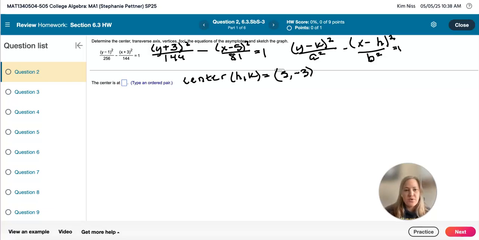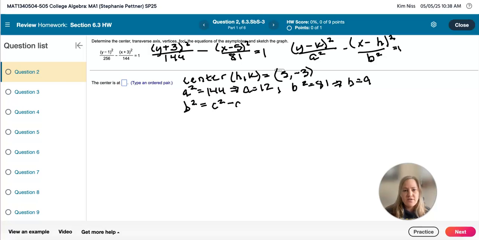We know that a² equals 144, so a equals plus or minus 12, or we can just say 12 for now. And then b² equals 81, so b equals 9. Now to find c², we're given the equation that b² equals c² minus a². It's a matter of plugging in a² and b² and solving for c².